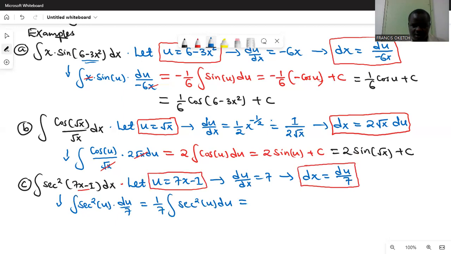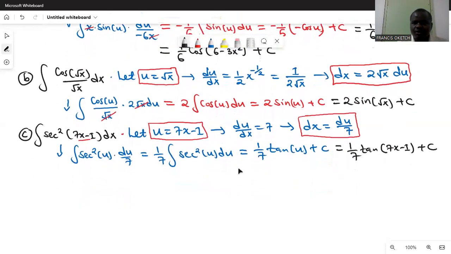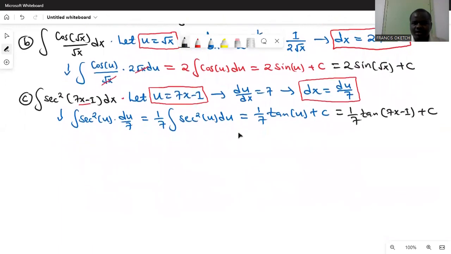So that means when you integrate sec squared u, you get tan u. So our answer will be equal to 1/7 tan u plus a constant c. And when you replace u, you get 1/7 tan of 7x minus 1 plus a constant c. You see, these integrals are very simple. As long as you know which substitution you're supposed to make, then your work becomes very, very easy.